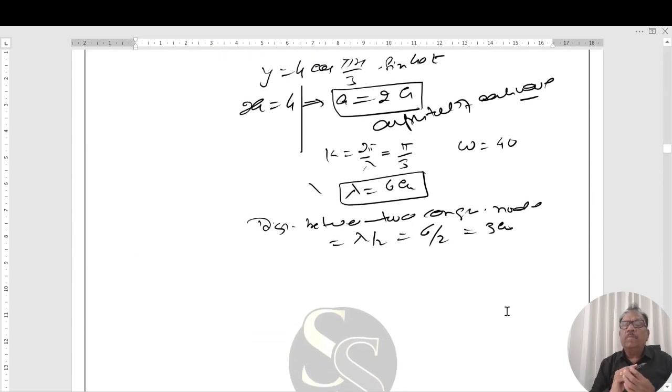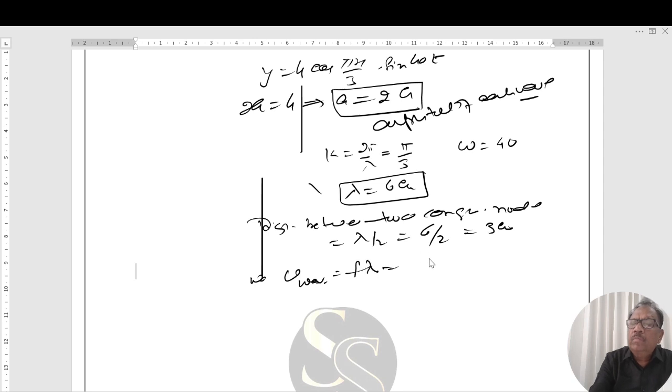Velocity of wave: v equals f lambda, that is 2 pi f into lambda upon 2 pi, that is omega over 2 pi upon lambda, which is omega by k.